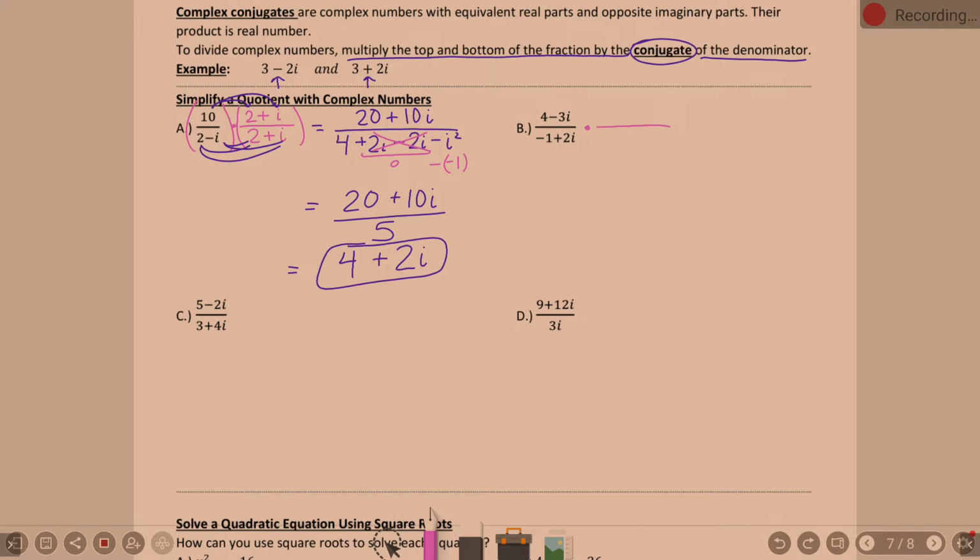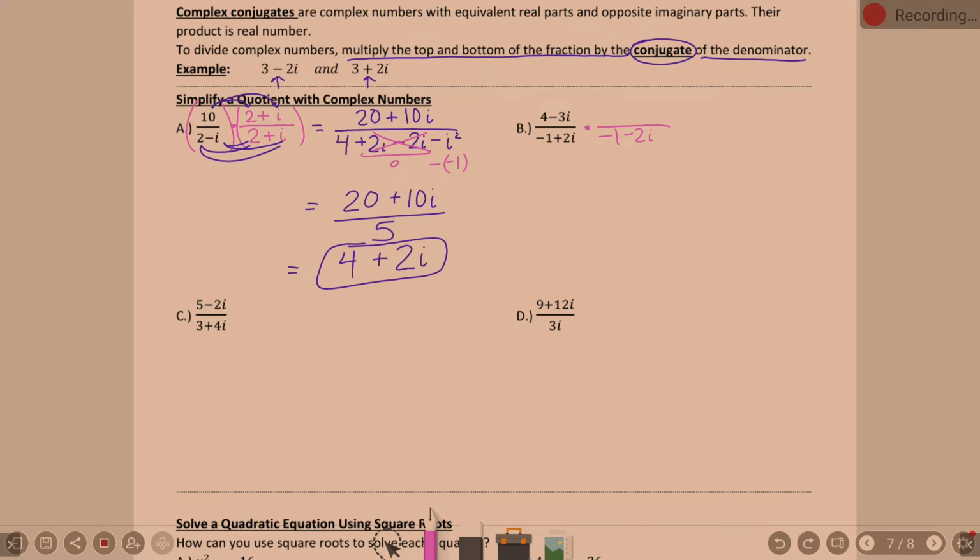What am I going to multiply by? Negative 1 here. Okay, yes, thank you. Negative 1 minus 2i. I want you guys to do some responding here. Make sure you're following along. That's an easy question.